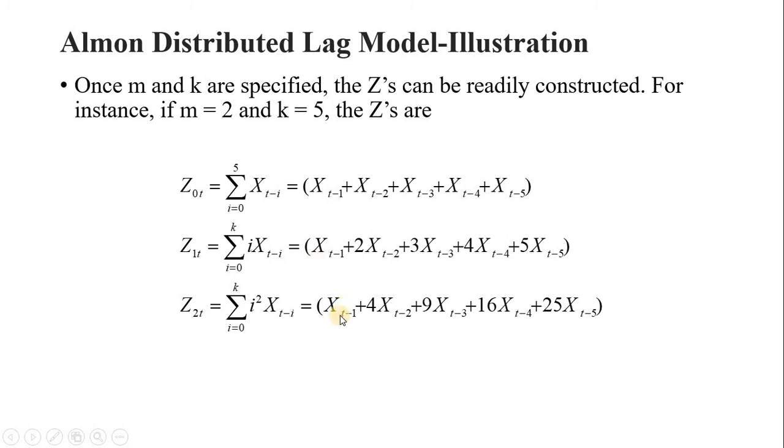And z2t is sigma i square x(t-i). So this is 1 square x(t-1), 2 square 4x(t-2), 3 square 9x(t-3), 16x(t-4), 25x(t-5). In this way, if we are given m and k, we can easily construct the z values z0, z1 and z2.